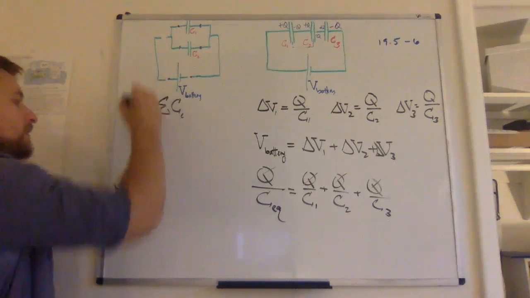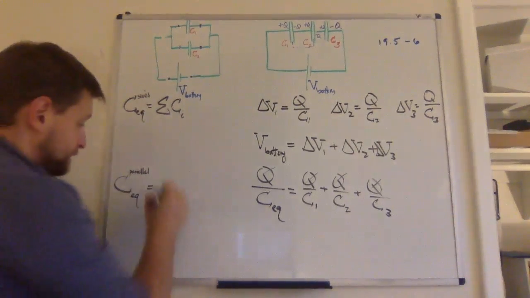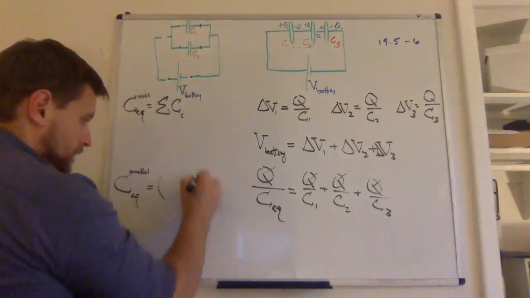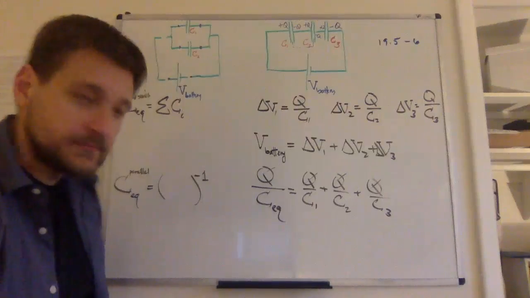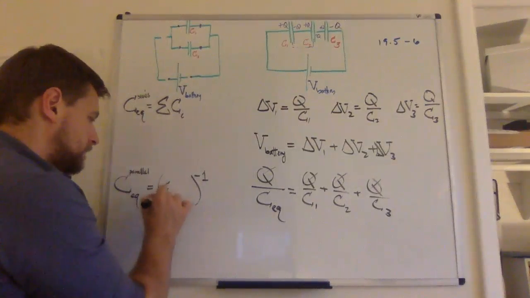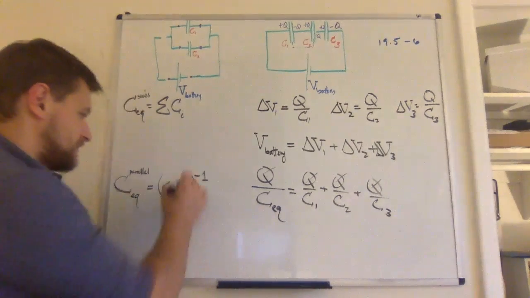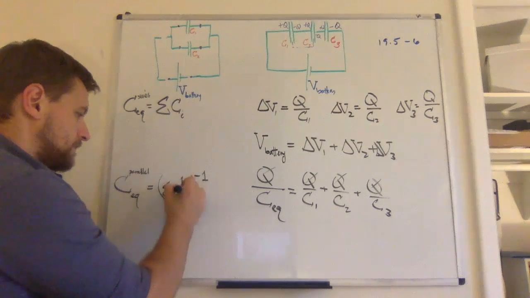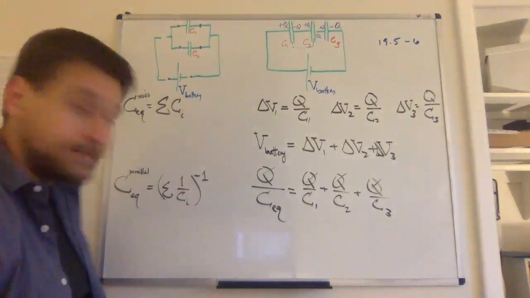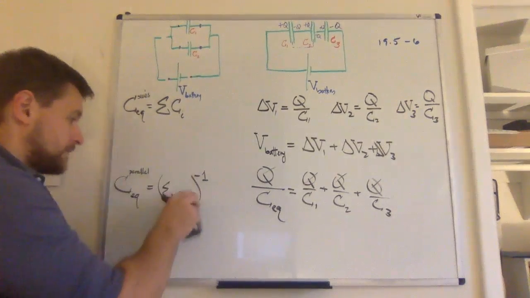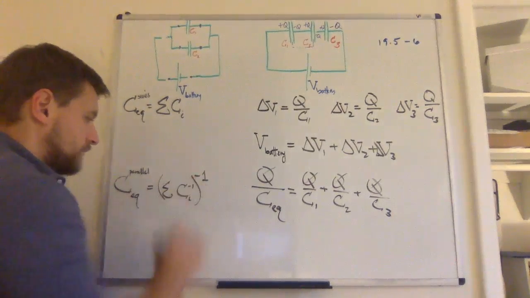So series equals, I'm going to write it this way, the reciprocal, 1 over the sum of the reciprocal capacitances. And you could even write it with another negative exponent, just to keep the expression really clean. Ci to the -1.